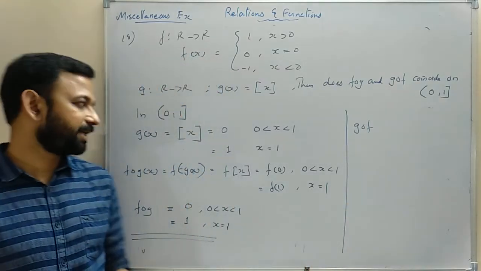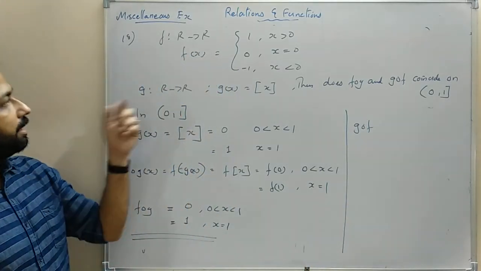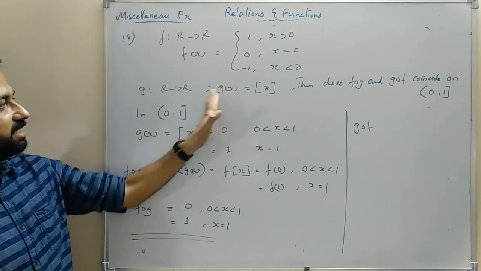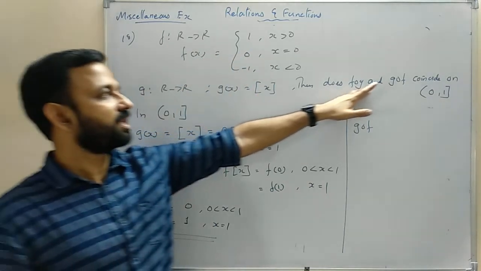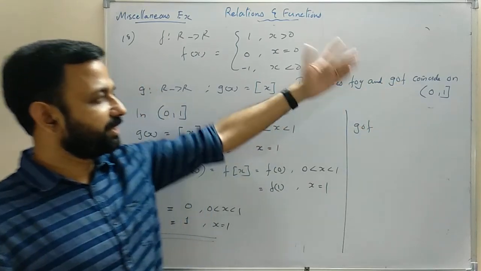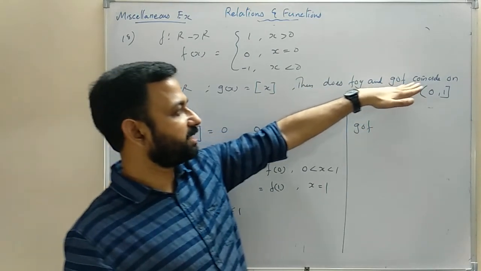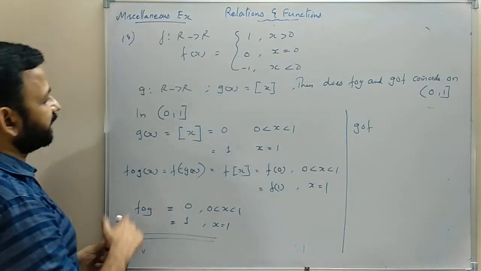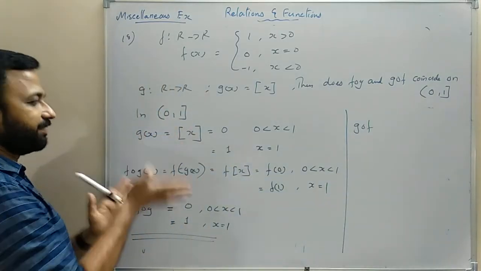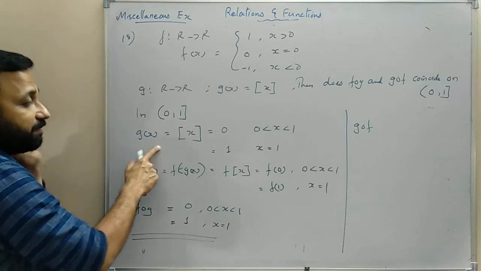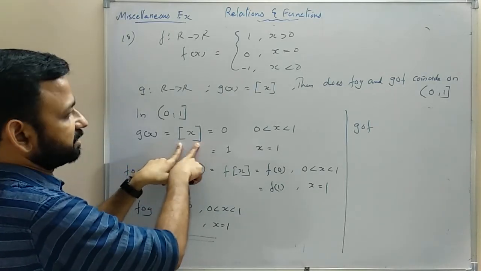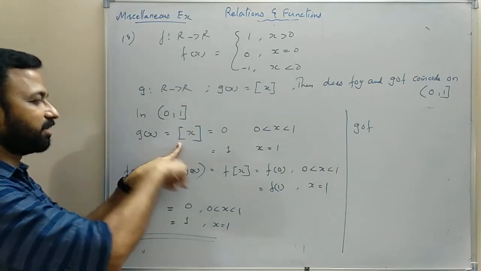So once again, listen here. f is a function from R to R as defined, and g is the greatest integer function. We need to check whether f composition g and g composition f coincide here. So in the interval (0, 1], first we find g of x, which is the greatest integer less than or equal to x.